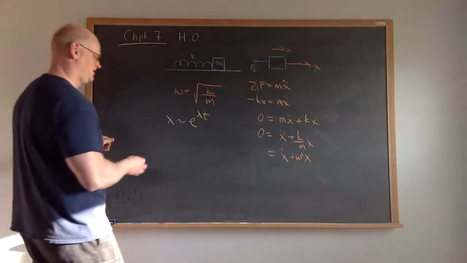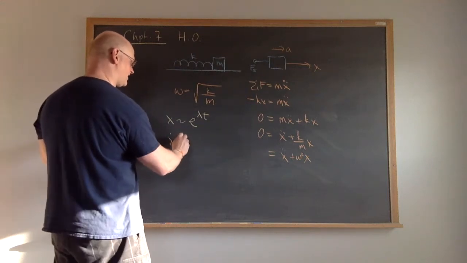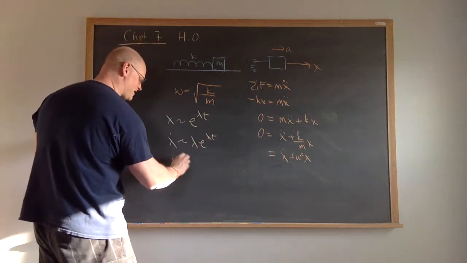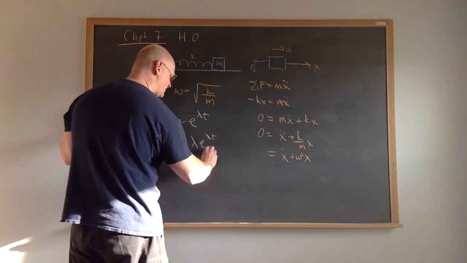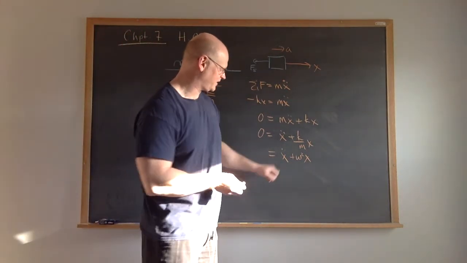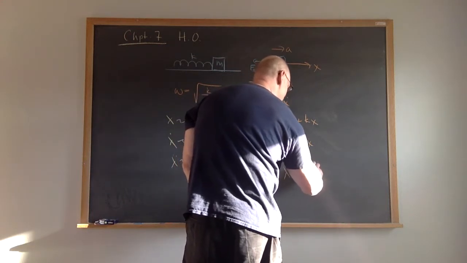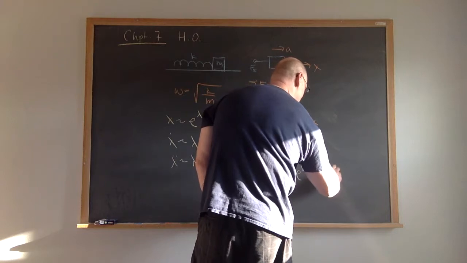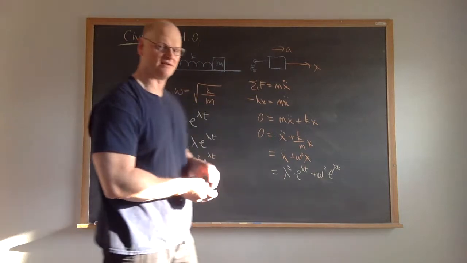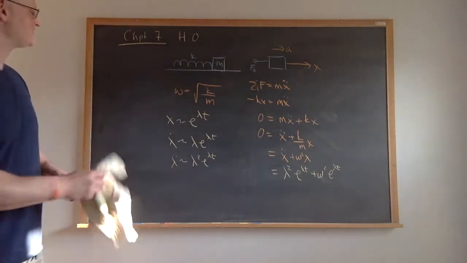If I take a first derivative, x dot is proportional to lambda times e to the lambda t, and then x double dot is proportional to lambda squared e to the lambda t. So basically, all that's going to happen is I'm going to replace this with lambda squared e to the lambda t plus omega squared e to the lambda t. But since this is all equal to 0, I can divide both sides by e to the lambda t. So finally, I get what's known as the characteristic equation.